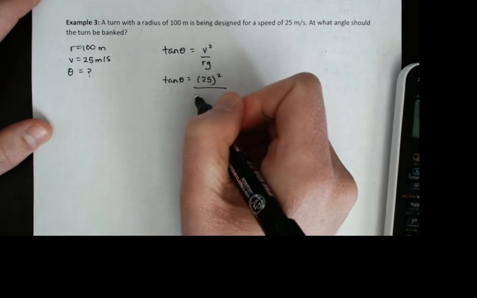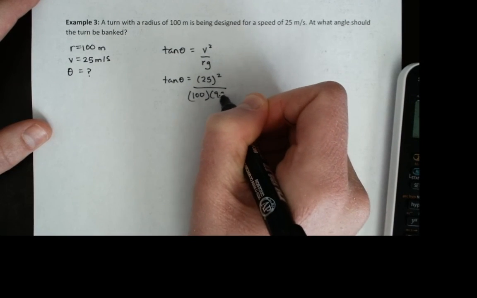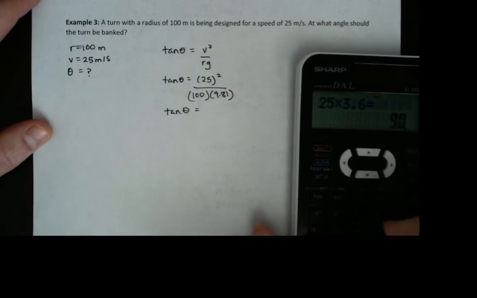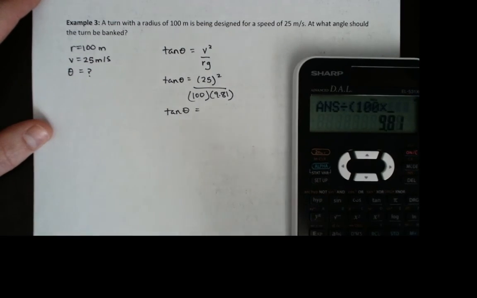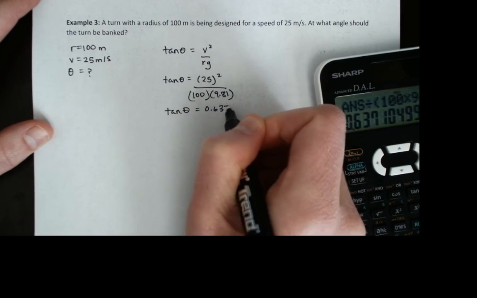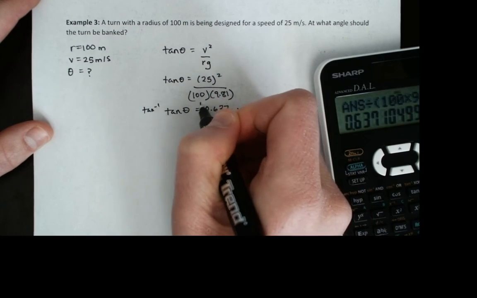Anyways. We get 25 squared divided by 100 times 9.81. Okay, second function.